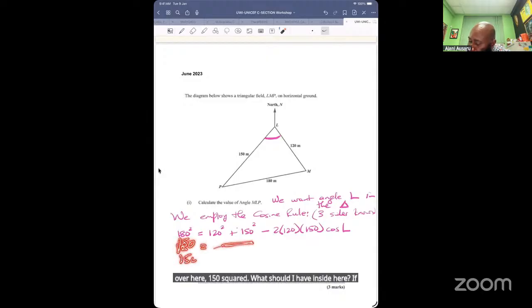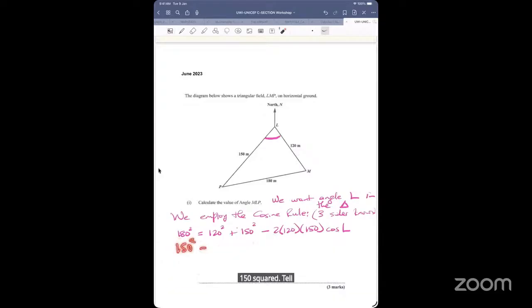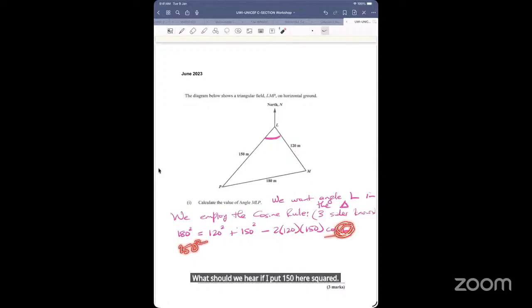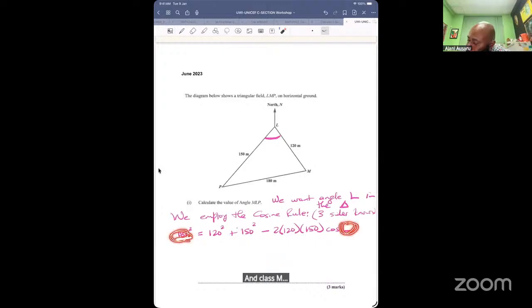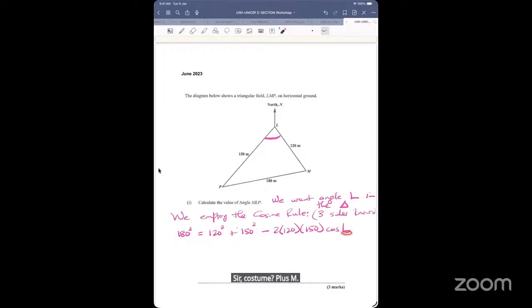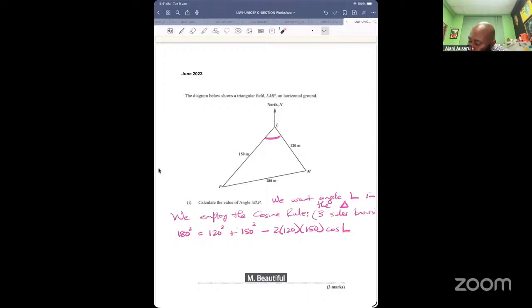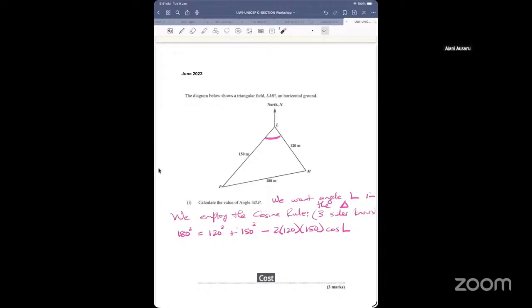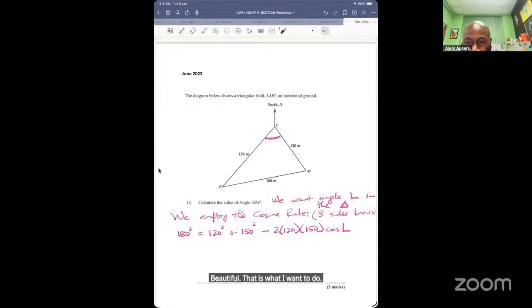You'd have 180 and 120 over the side. And the cos angle? If I put 150 here, it's cos M. And if I put 120 here squared, what angle should I put? Cos P. That is what I want you to pay attention to, because the question could have asked you for any of the three angles.